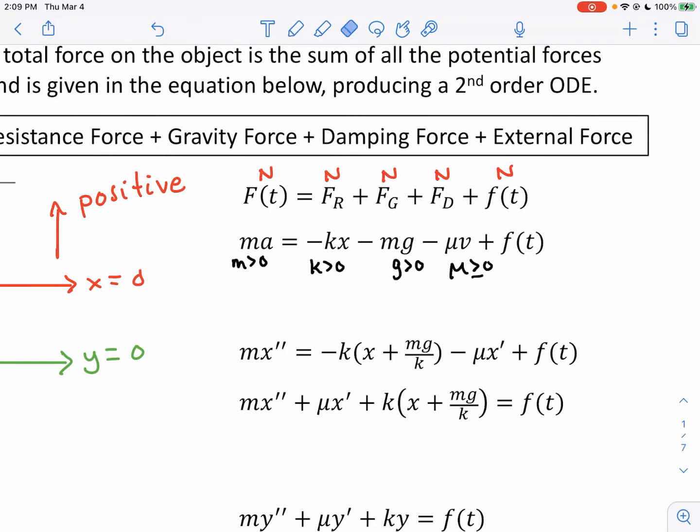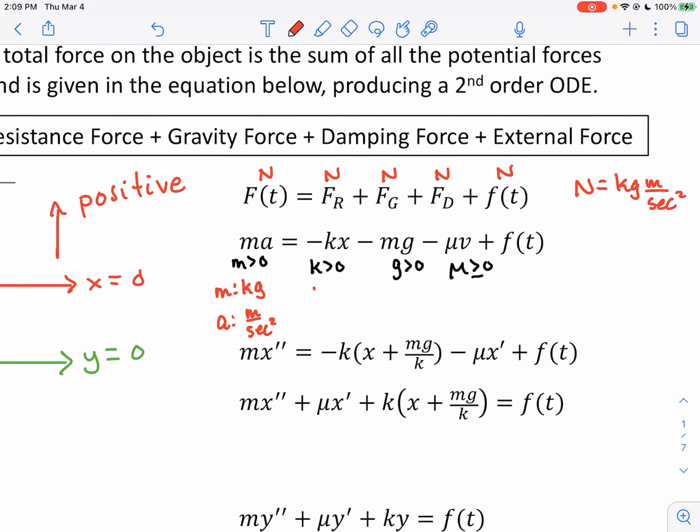Let me write it this way. I'll put m colon and then put its unit. Mass is in kilograms, acceleration is in meters per second squared. Now when you multiply kilograms times meters per second squared, you get newtons. So a newton unit looks like this, kilogram meters per second squared.